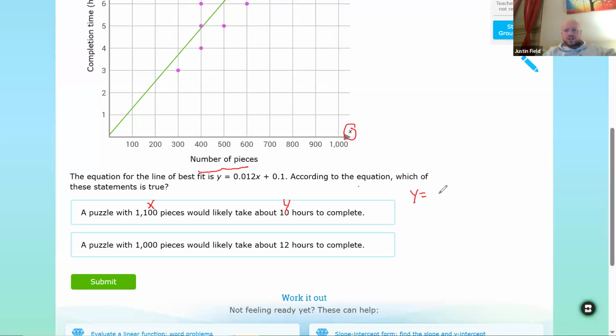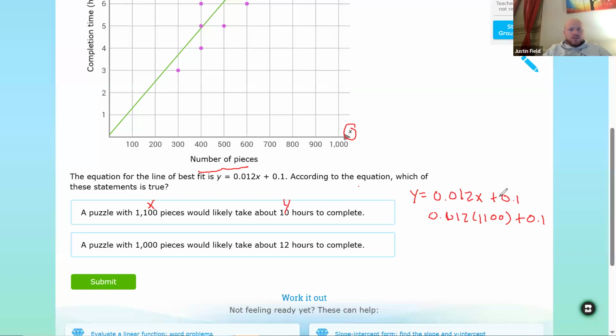So I have my equation 0.012x plus 0.1. And if I substitute, does that equal 10? We're about to see if that equals 10.